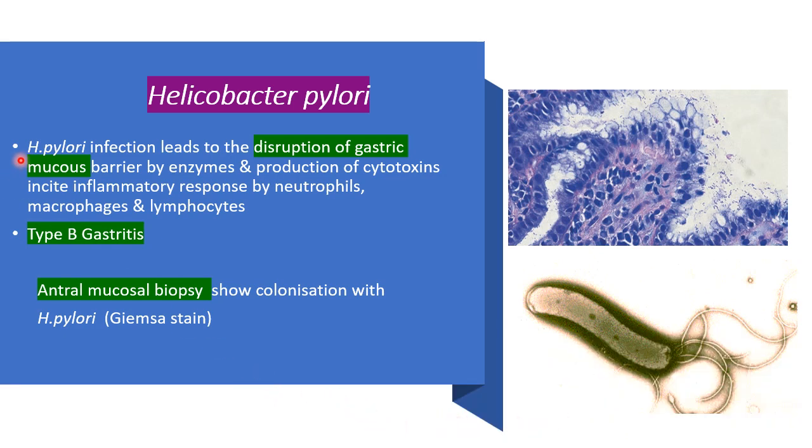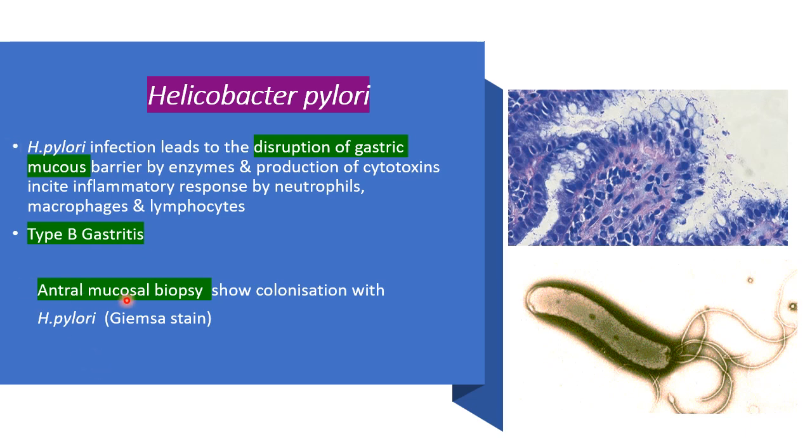How does H. pylori infection cause ulceration? It leads to the disruption of the gastric mucous barrier, which I explained earlier, by enzymes and production of cytotoxins that incite an inflammatory response by neutrophils, macrophages, and lymphocytes. And this causes type B gastritis, which can progress on to cause ulcers.